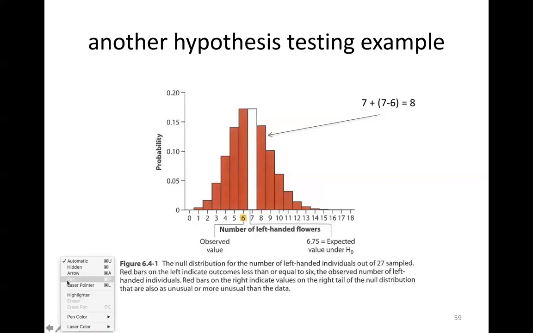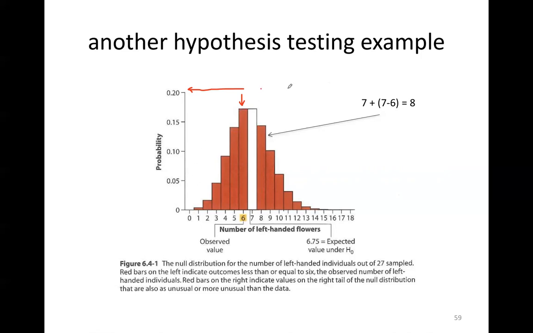This might be slightly confusing. If so, please, you can ask me to explain during lecture hours as well. But this is the observed data. This is the sum of the probabilities of observing something as extreme as the observed data or more extreme under the null hypothesis, some of this area.